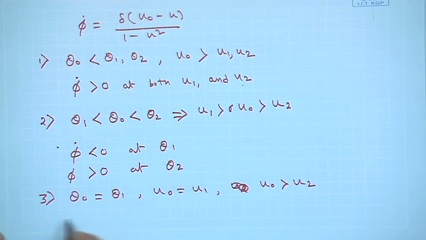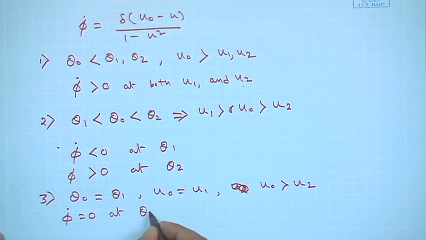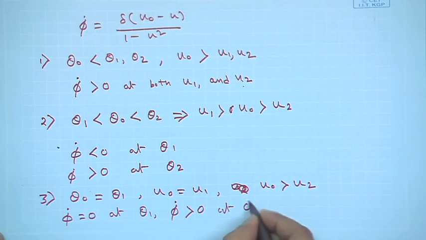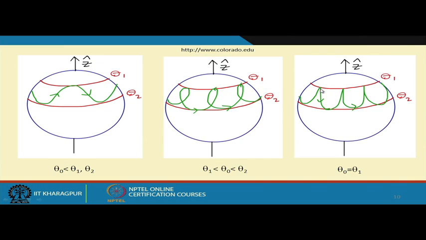In this case, phi dot is equal to 0 at theta 1 and greater than 0 at theta 2. So we have a precession which is 0 at one limit and greater than 0 at the other, and this particular shape is called a cusp, C-U-S-P. And this is the trace.